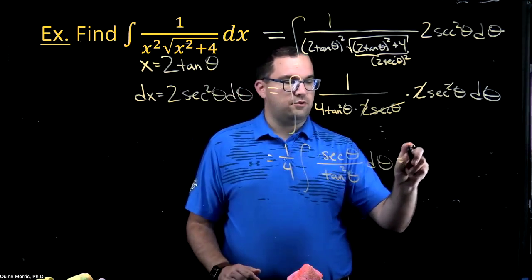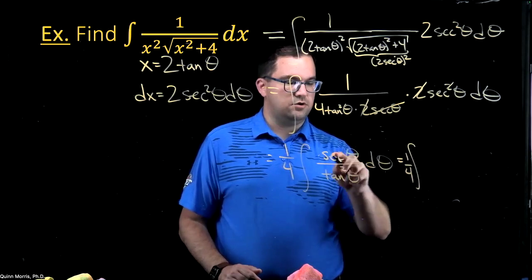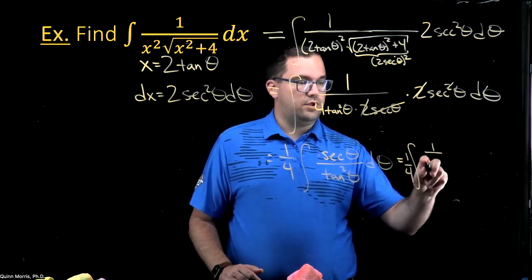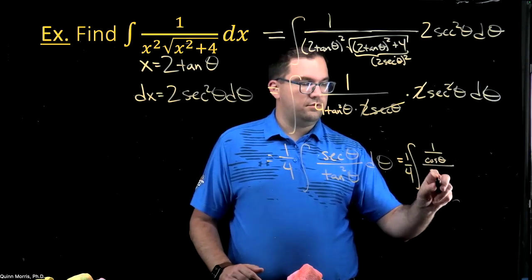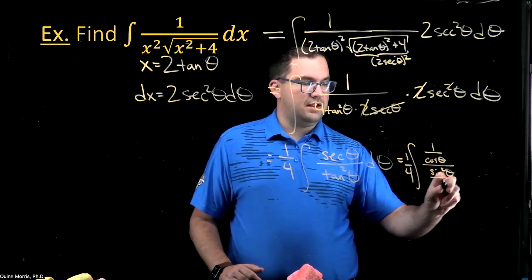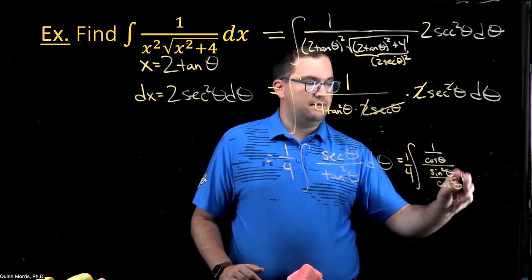If I rewrite all this in terms of sines and cosines, secant is 1 over cosine of theta. Tangent squared would be sine squared theta over cosine squared theta.